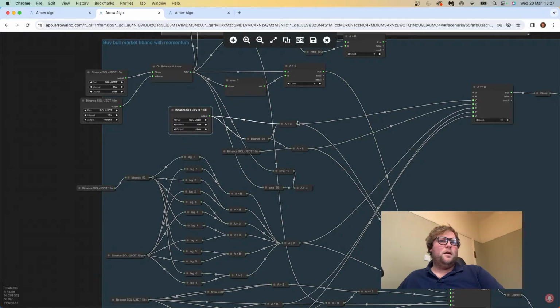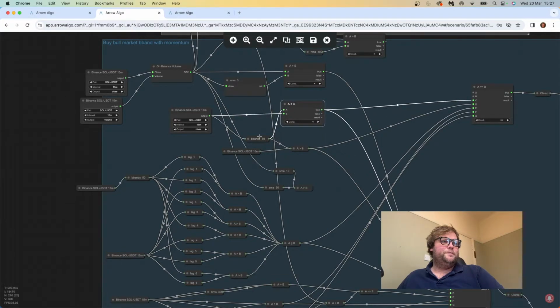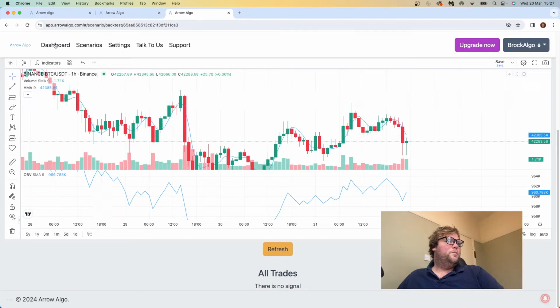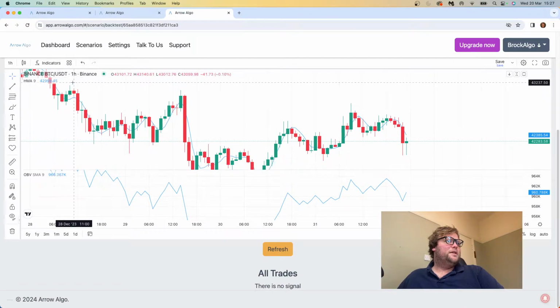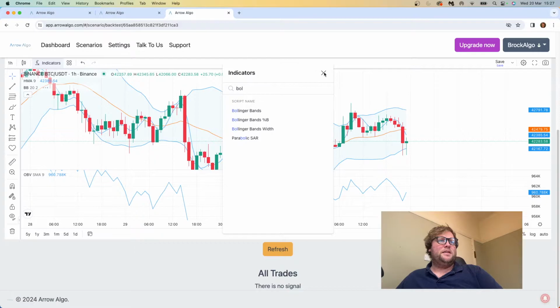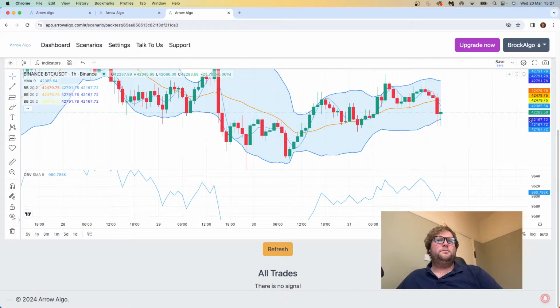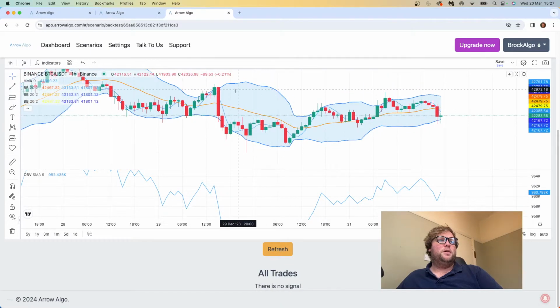For our third condition, again we're going back to Bollinger Bands. Bollinger Bands, as we've seen, is a volatility-based indicator. What this does is measure standard deviations of the price. And you can see these blue bars above and below. Essentially, it will track a channel around the price data.